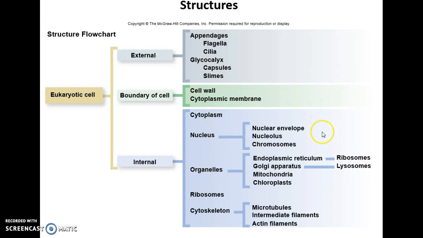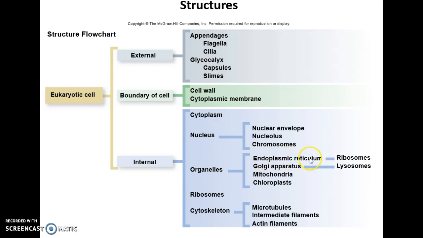And of course, inside the nucleus, you have the chromosomes. You have what's called a nucleolus, and then there is also a nuclear envelope that helps to protect or delineate that region from the rest of the cell. All right, organelles. These are found in eukaryotic cells, but by definition are not found in prokaryotic cells.